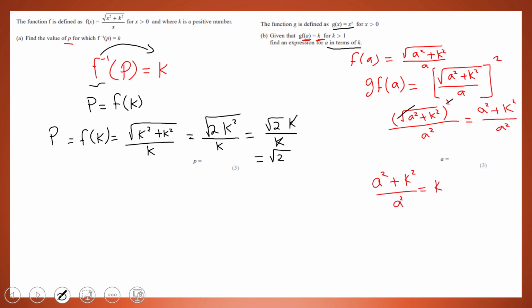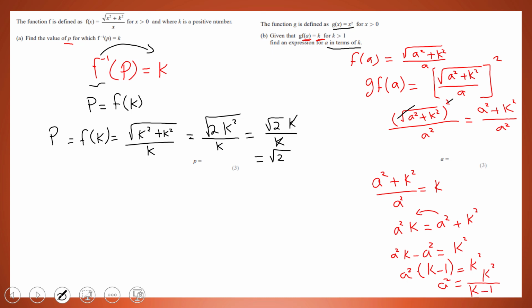You'll just do cross multiplication, so it's now a squared k equals a squared plus k squared. Make a's all on one side, so we'll shift this there, so it will be a squared k minus a squared equals k squared. So you will take a squared as a common factor, so it will be a squared times k minus 1 equals k squared, and then a squared equals k squared over k minus 1.